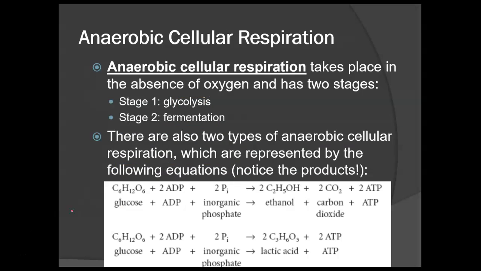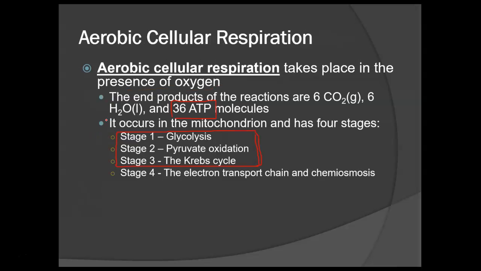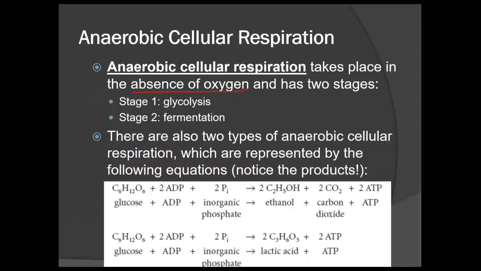So anaerobic cellular respiration, I'm going to skip over more or less for now. We'll just take a quick moment to say that it takes place in the absence or very limited amounts of oxygen, and only has 2 stages as opposed to the 4 that we saw up here for aerobic cellular respiration.